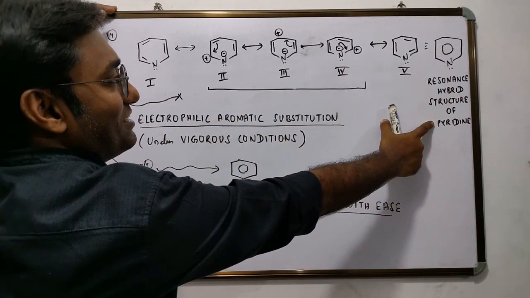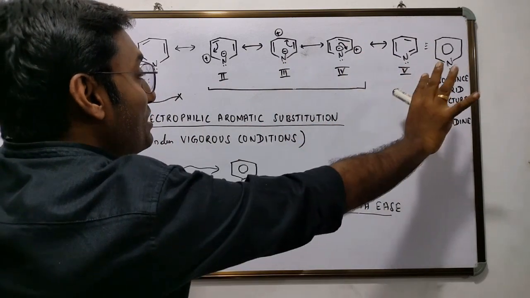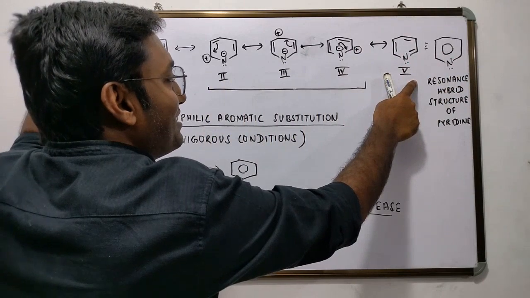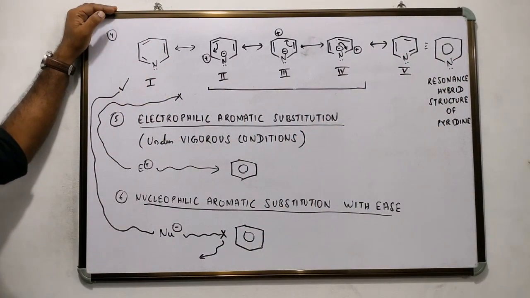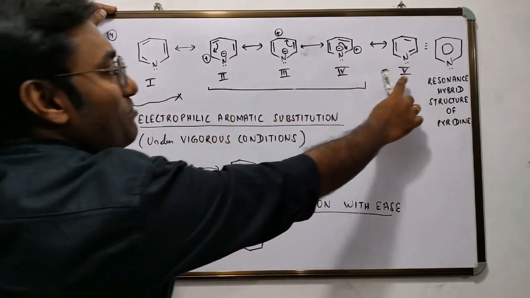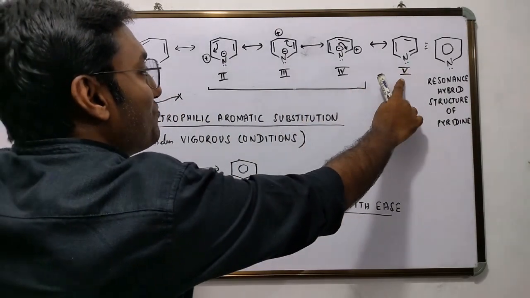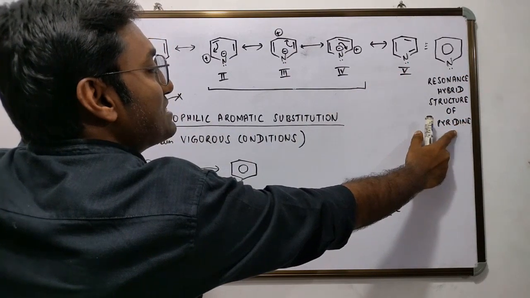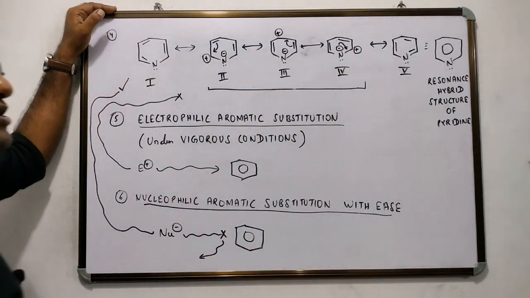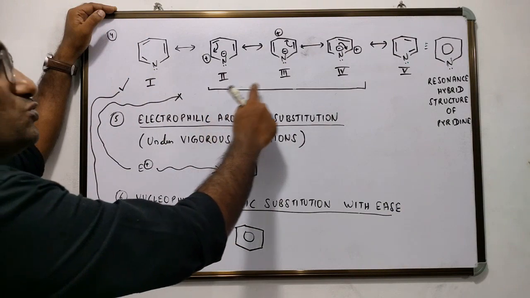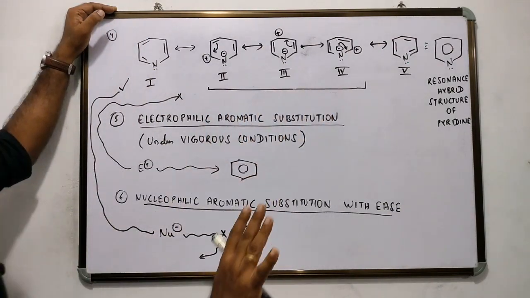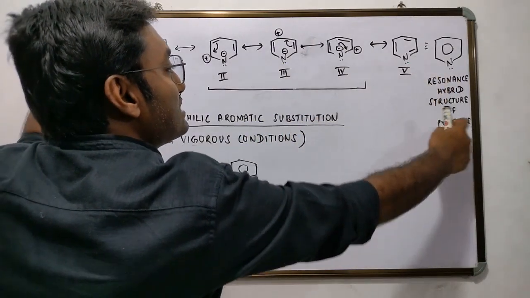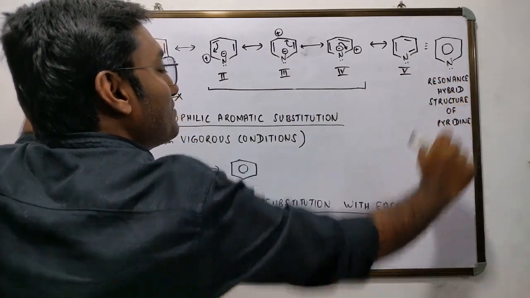structure of pyridine, which is a combination of 5 resonating structures of pyridine, of which structure number 1 and structure number 5, the Kekulé resonating forms, have a major contribution towards the resonance hybrid structure, while structures 2, 3 and 4, the ionic resonating forms, have a lesser contribution towards the resonance hybrid structure.